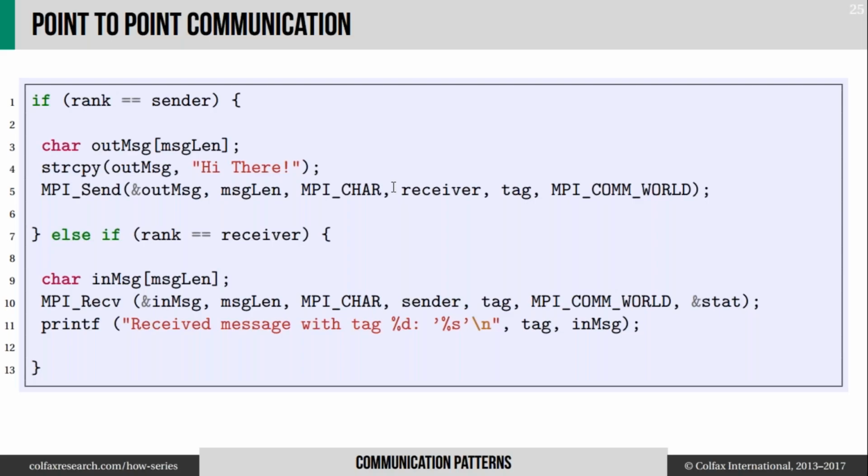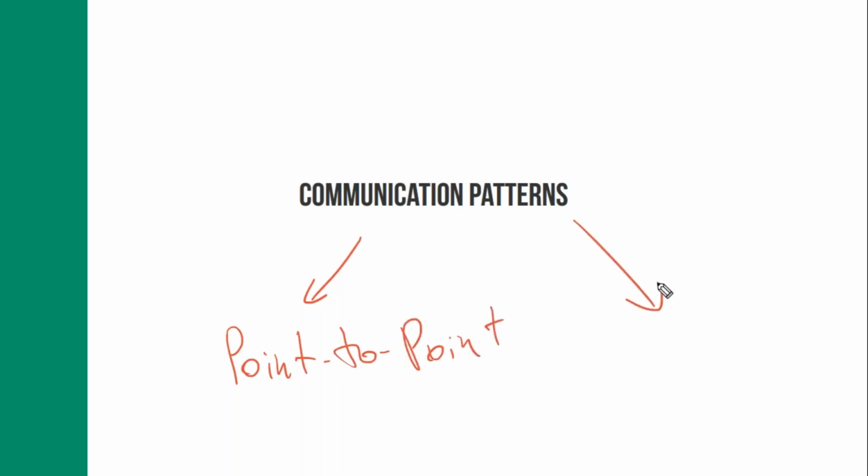Now, what about communication? MPI is for message passing, isn't it? How do we pass messages? There are two modes of message passing in MPI. One mode is peer-to-peer or point-to-point, and the other communication pattern is collective primitives.